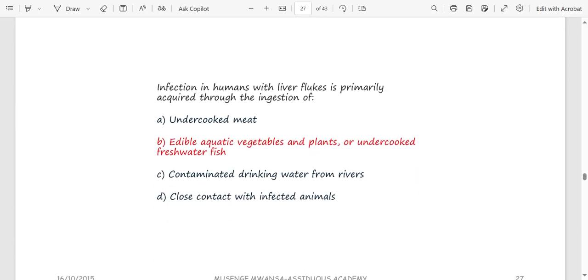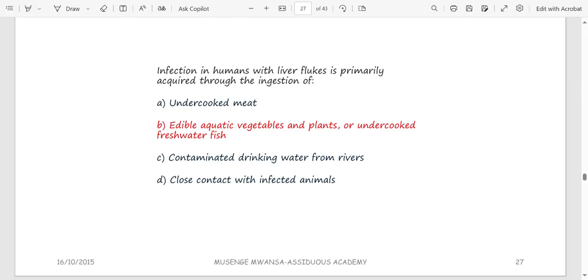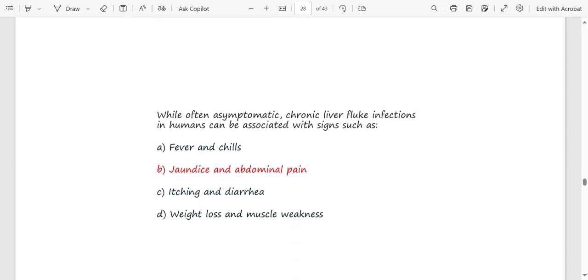Infection in humans with liver flukes is primarily acquired through the ingestion of undercooked meat, edible aquatic vegetables and plants, or undercooked freshwater fish, contaminated drinking water from the river, close contact with infected animals. So infection is via edible aquatic vegetables. You go and eat those vegetables from the water and then you get the metacercaria.